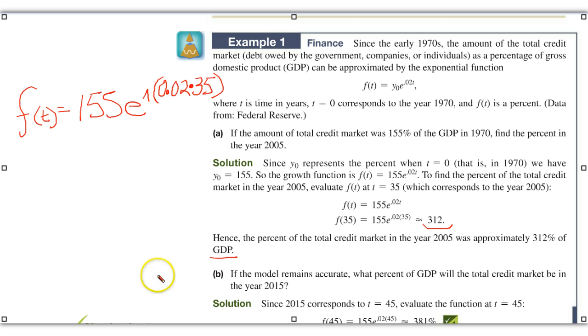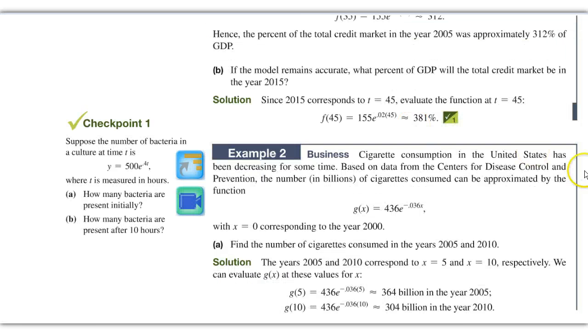Now, if this model remains accurate, what percent of GDP will the total credit market be in the year 2015? Well, here, again, we have to find out what t is. So everything is the same, except our t value changes to 45.